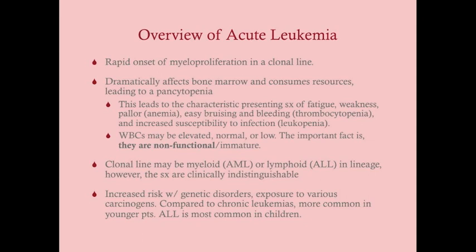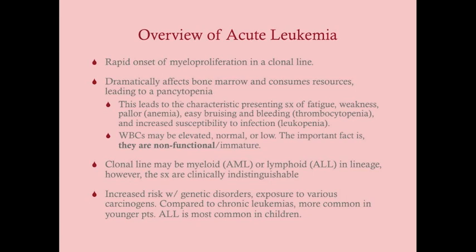You're not going to have the resources to make platelets. And so in acute leukemia, not only does it affect the bone marrow where you get this myeloproliferation, but it's also consuming resources. And so it's going to lead to a pancytopenia. Remember, pancytopenia meaning all cell lines low.